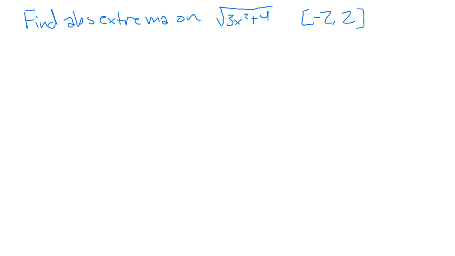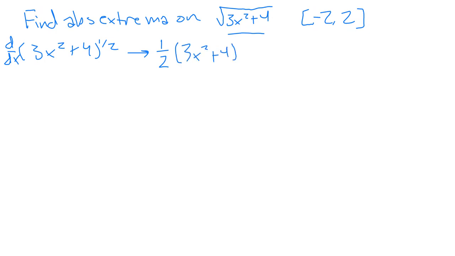All right, so once again, our first step is to find any critical points. First thing we need to do is take the derivative of our function. So we're going to initially start with d/dx of (3x squared plus 4) to the 1/2. If we apply our power rule first, we pull out that 1/2 times (3x squared plus 4) to the -1/2.